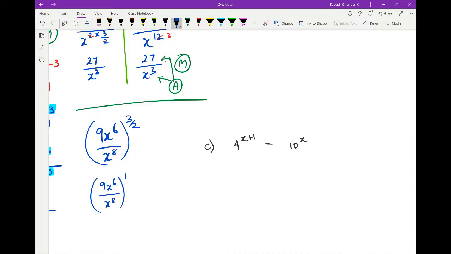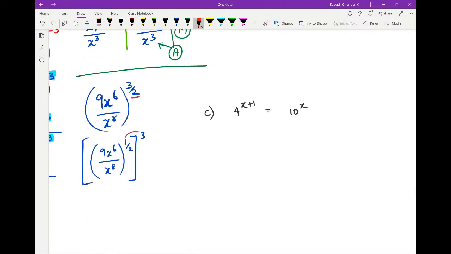So we can actually write this to the power of half, and then all of that is actually cubed, because remember, half times 3 is equal to 3 over 2. So if I take the square root of 9 in this case, I'm going to rewrite this as square root of 9x6 divided by x to the power of 8.